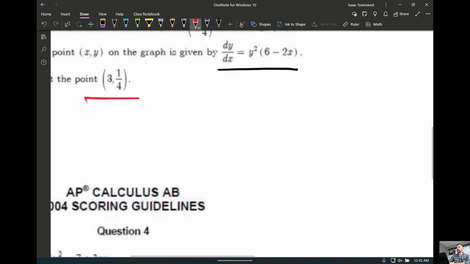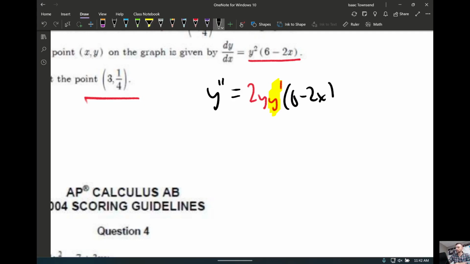So when I look at this, here's the first derivative, so now I'm doing the second derivative. To me, this looks like product rule again, so pretty common. Take the derivative of y squared, which would be what? 2y, and y prime, because I took the derivative of a y, times the other stuff left alone, plus, then leave the y squared alone, times the derivative of the other stuff, which would be, what's the derivative of that stuff?